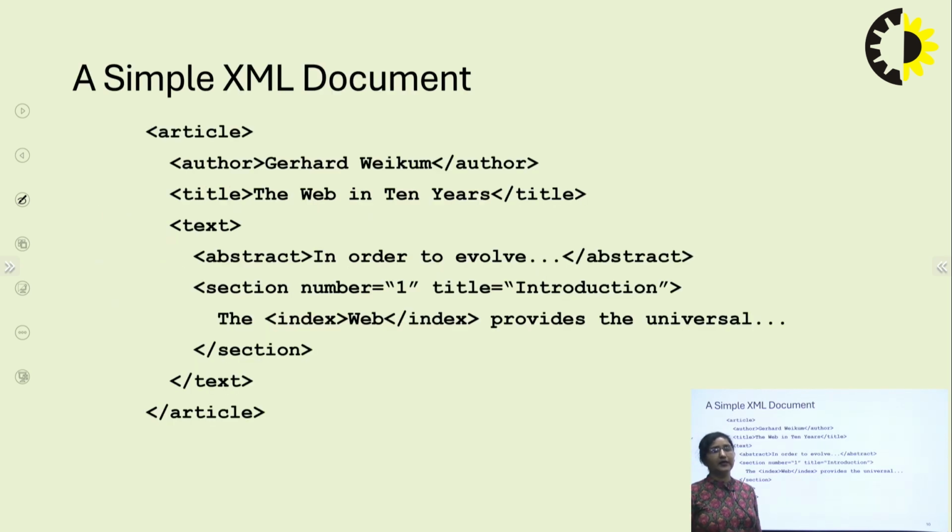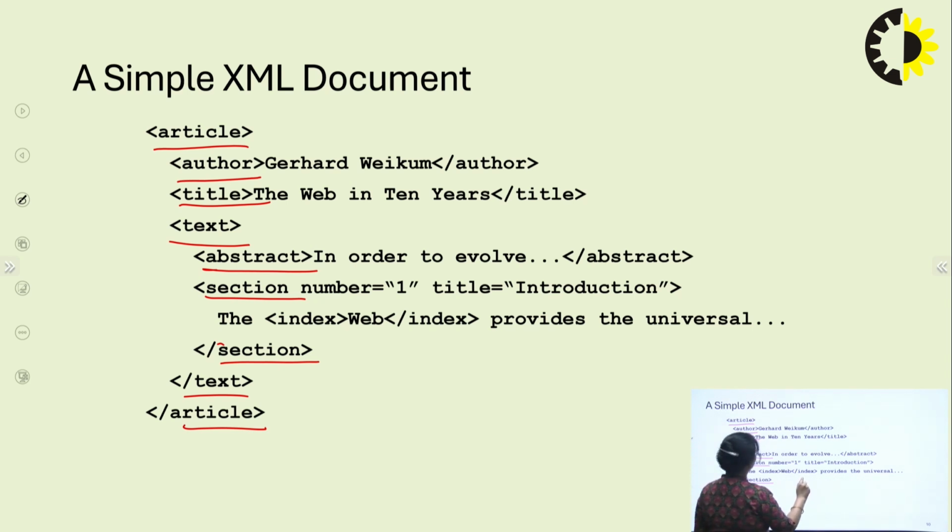Now, if I write this as a simple XML document, what will it be? Article tag is there. Article tag is the main tag. After that, author tag, title tag, text tag is there, abstract, section tag is there, section, then text and article. So if I write the flow, or I can say the nesting of these tags, how will it go?